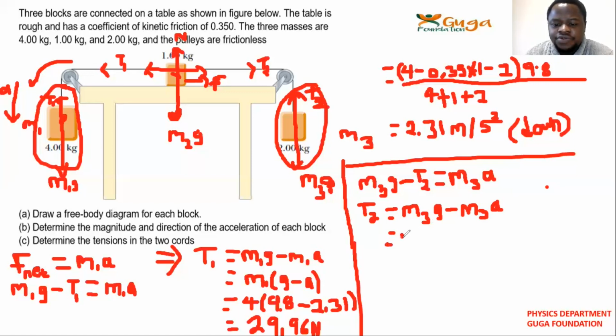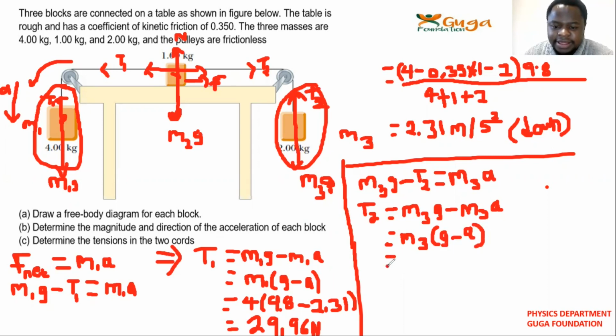You should get M3 into G minus A. Sorry about this. You know, my pen is giving me some problem today. I don't know what's wrong. Okay. So G minus A is G minus A, right?